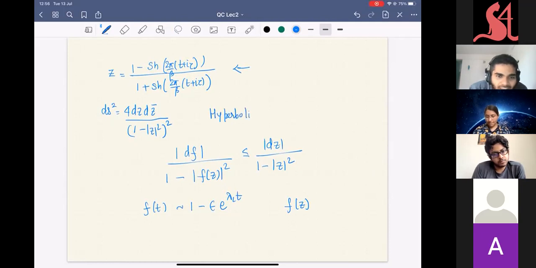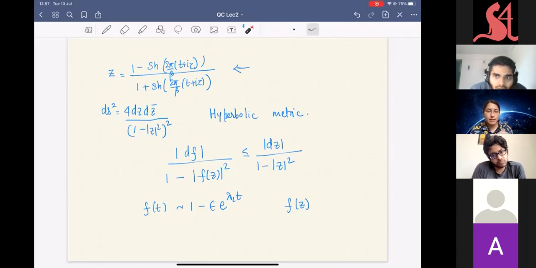I didn't follow what this metric is, or the nature of the argument. Basically, it's a mathematical theorem, and it uses this transformation from one unit disk into another unit disk.